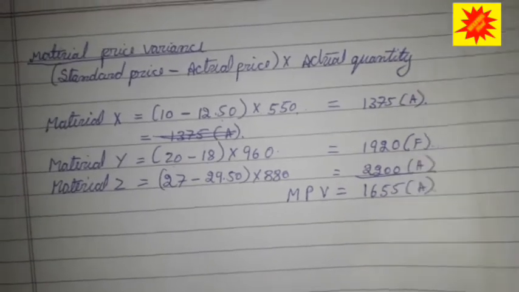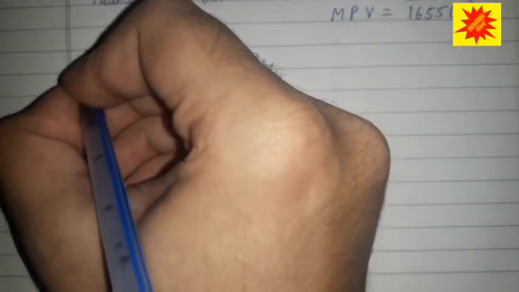Right. So the next thing that we have to see now is material usage variance.